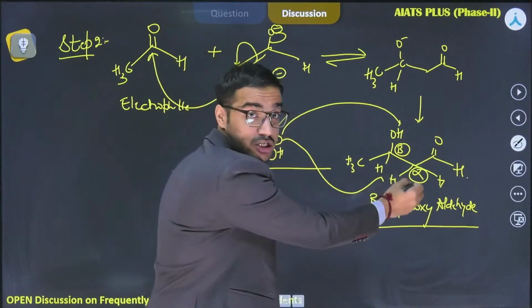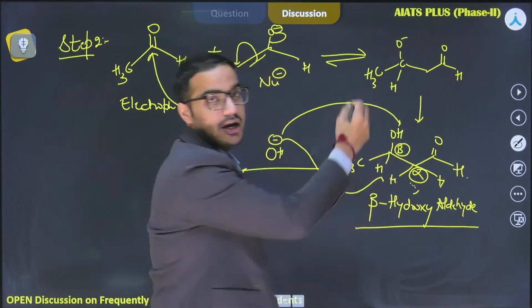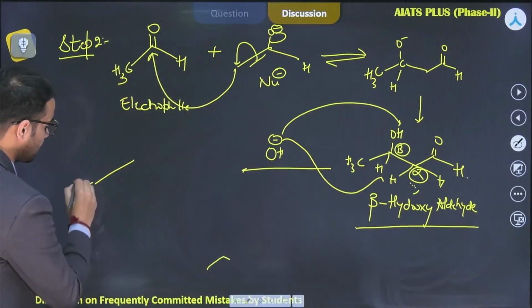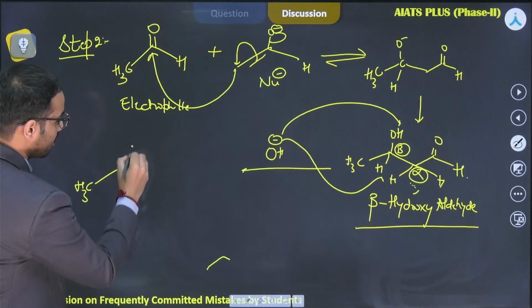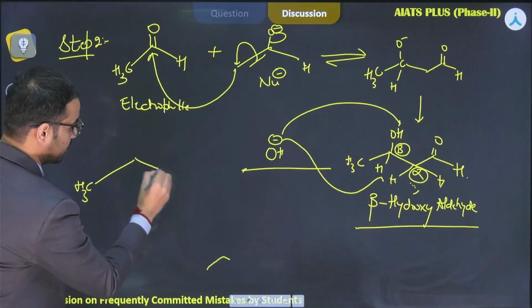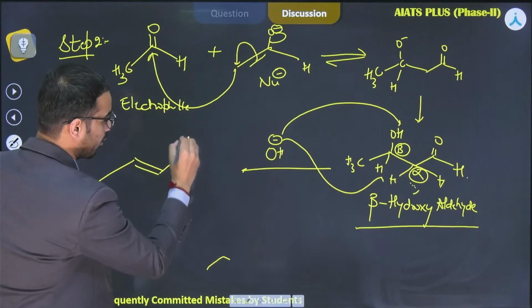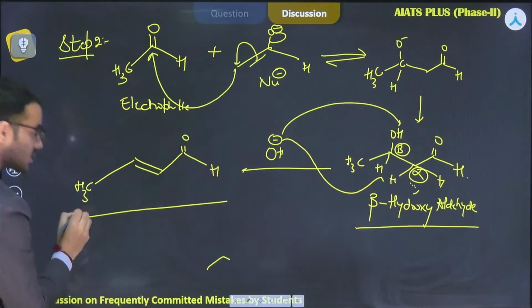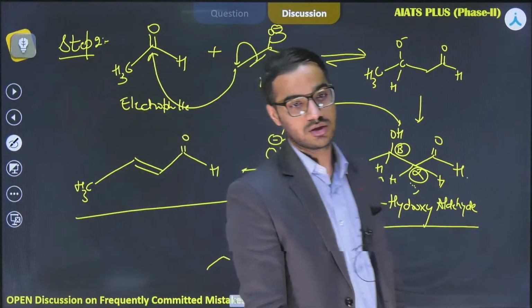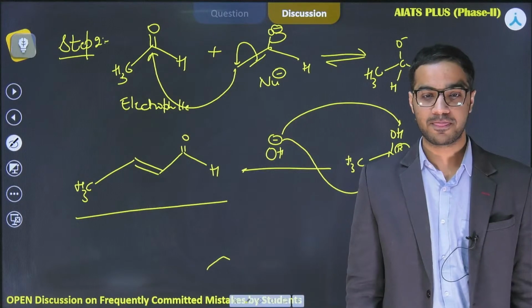The negative charge created will transfer to this, and removal of OH will take place. And ultimately you will get CH3CH=CHCHO. This is the final product of aldol condensation reaction. I hope this is clear to you all.